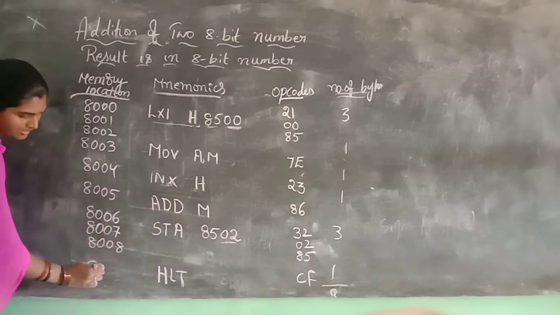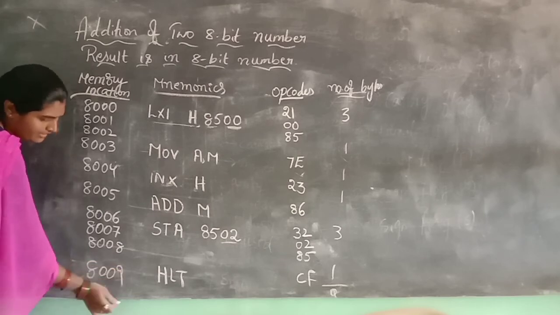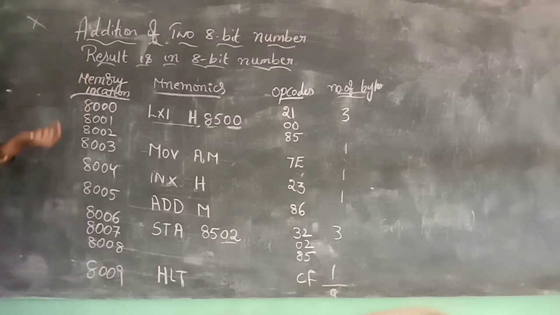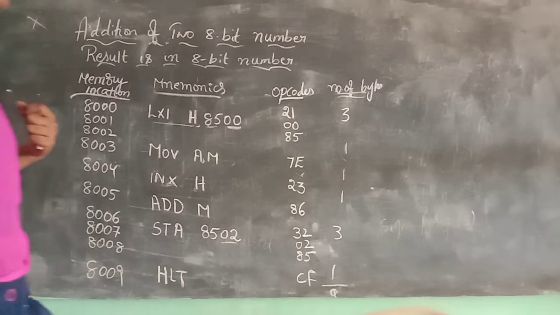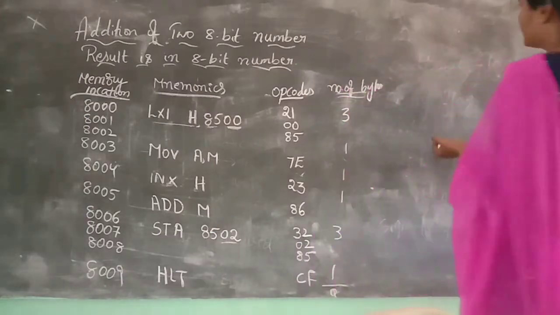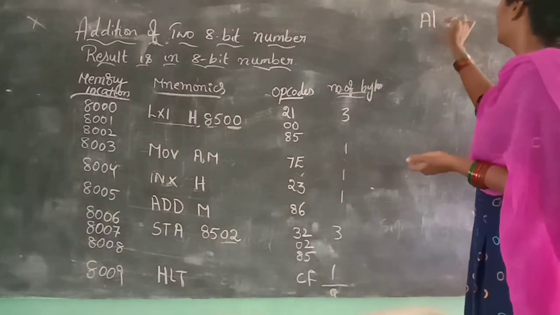For halt, 8009. This is how you write the memory locations, and like this you write the program in the 8085 microprocessor. This is the program for addition of two 8-bit numbers, with the result also an 8-bit number. Next, for this program, the algorithm.